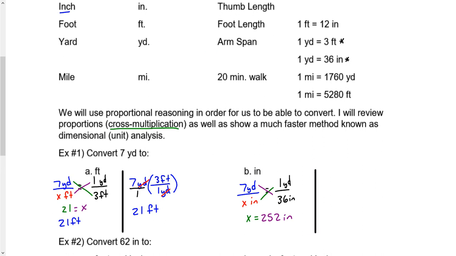By our dimensional analysis, I still say that it goes faster. 7 yards, well, within 1 yard, because it says 1 yard, it is 36 inches.